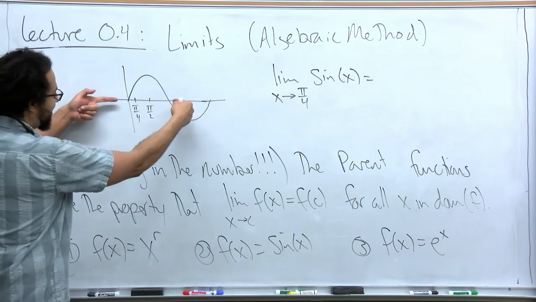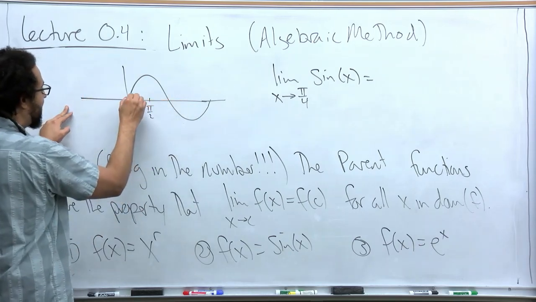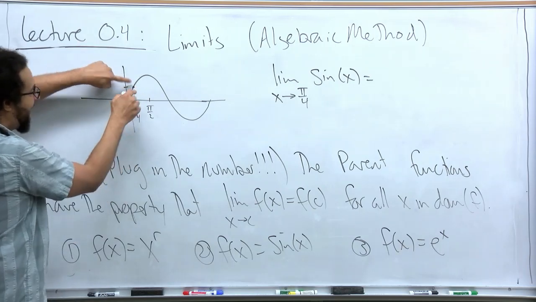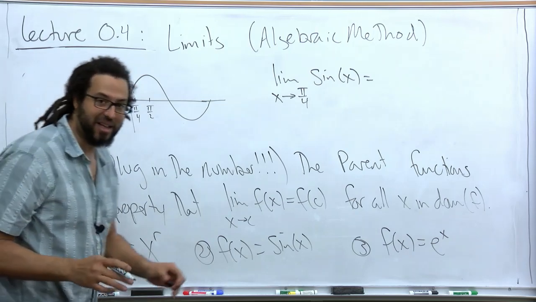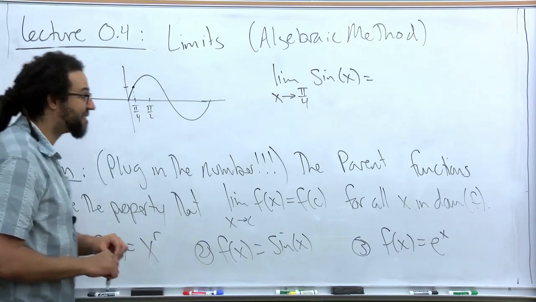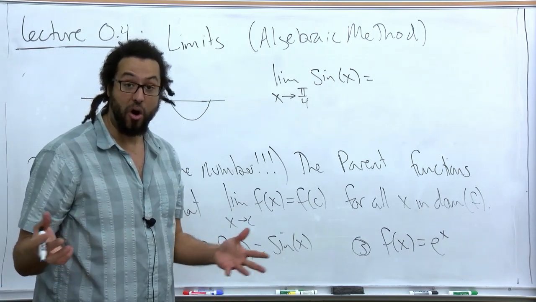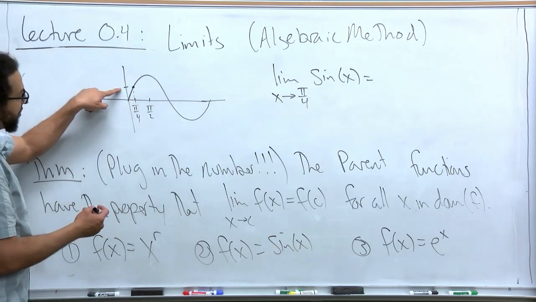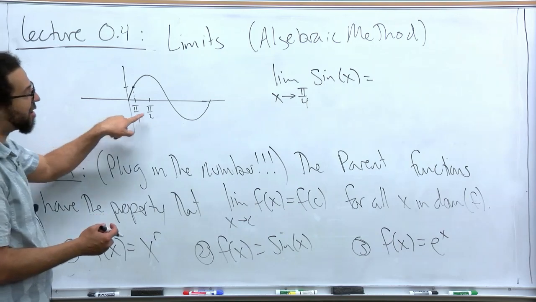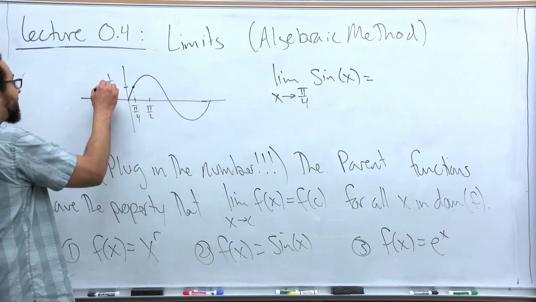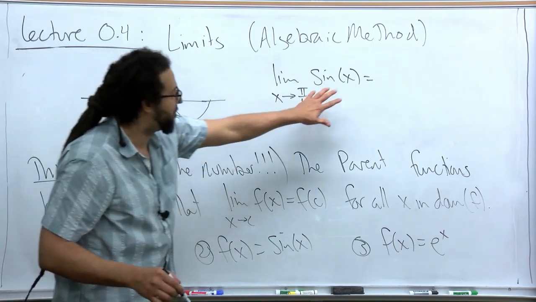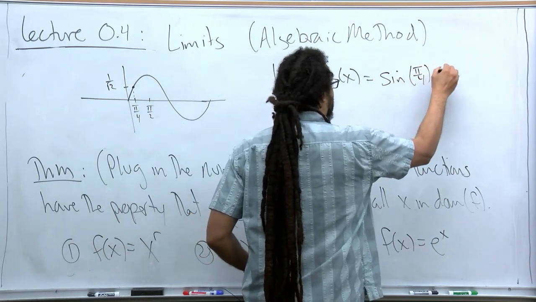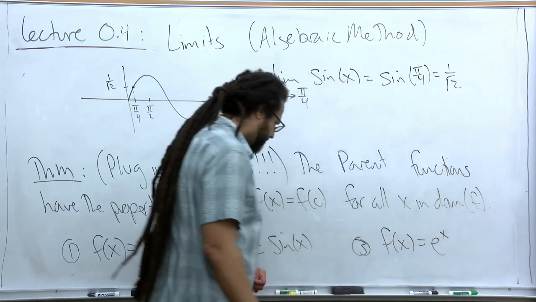So as x gets closer and closer to pi over 4, the y value gets closer and closer to the sine of pi over 4. Right, that's a solid dot. So in this case, limit and value are the same thing. We can see that just by looking at the picture. So when you plug in pi over 4 to sine of x, you get 1 over square root 2. So the limit here is just sine of pi over 4, or 1 over square root 2.